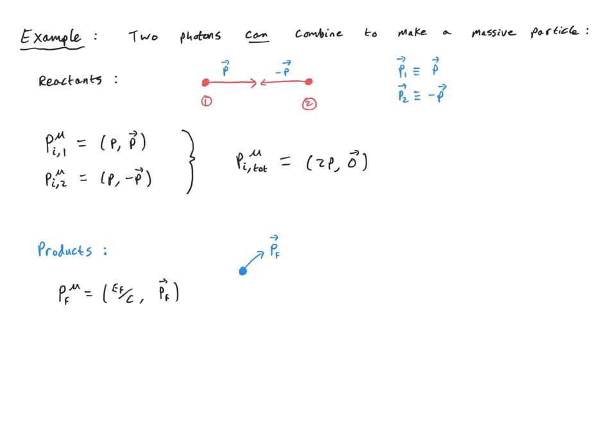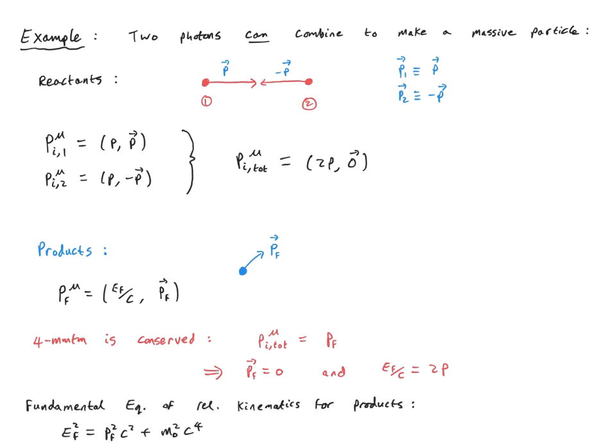Its 4-momentum is therefore p_f^μ, and it has components E_f over c and p_f vector. Now, since 4-momentum is conserved, we know that p_i^μ total is equal to p_f^μ. So we learn that p_f is equal to 0, whereas E_f over c is not 0, that's equal to 2p.